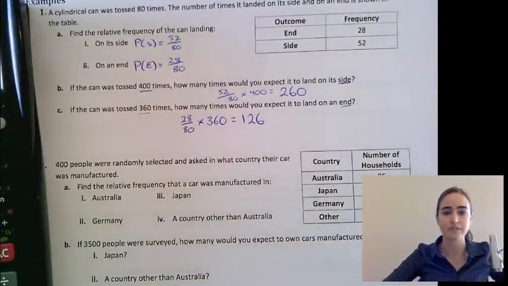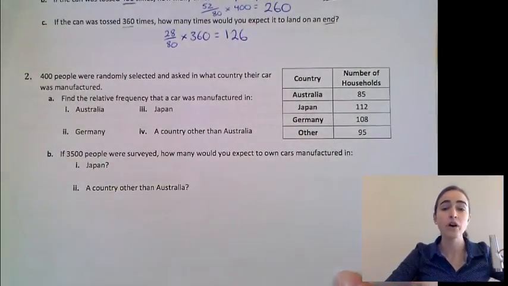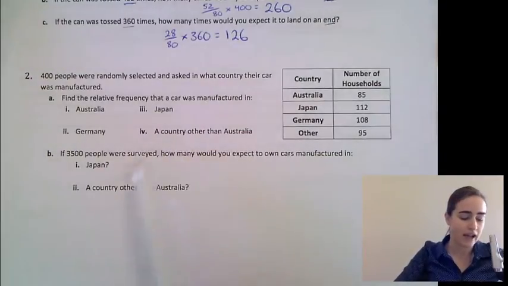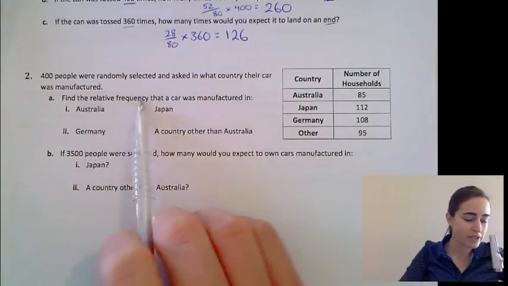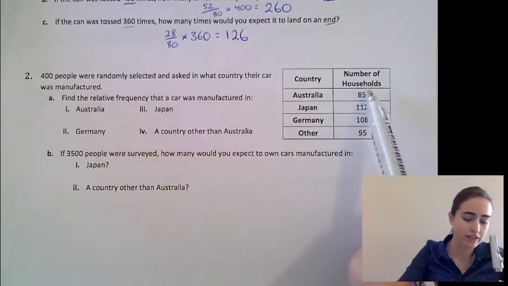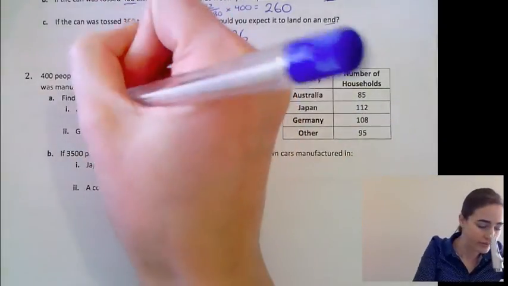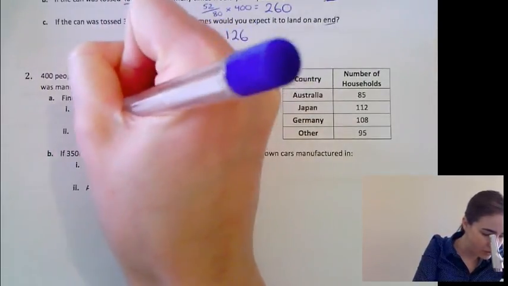All right, our second question says 400 people were randomly selected and asked from what country their car was manufactured. It asks us to find the relative frequency of these four things, and then we're going to have a look at expected values. So the relative frequency that a car was manufactured in Australia would be 85 out of that total of 400.